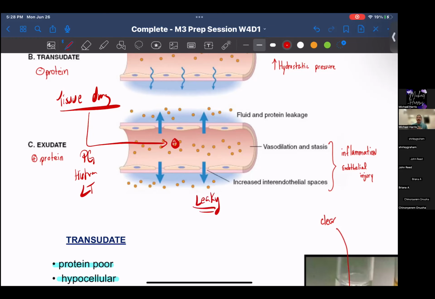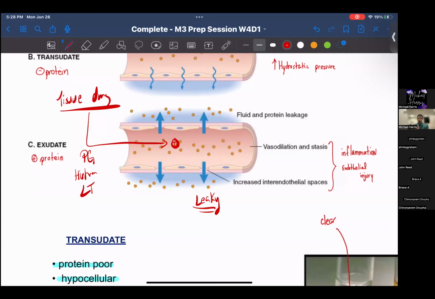So now we've actually compromised the endothelial lining. So things can now leave the blood to enter the tissue. Following along so far?